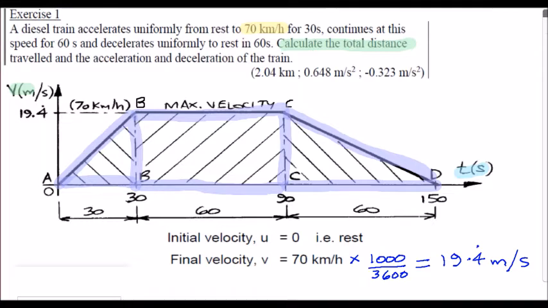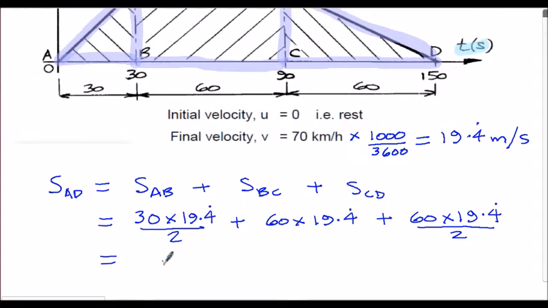The answer, it says on the sheet, is 2.04 kilometres. That's 2,040 metres, probably in your calculation. So for my acceleration phase, which is A to B as I've labelled it, I've got 291 metres. For my constant velocity phase, I labelled B to C. I get 1,164 metres.